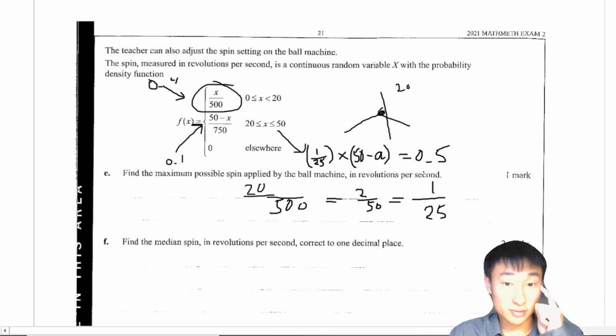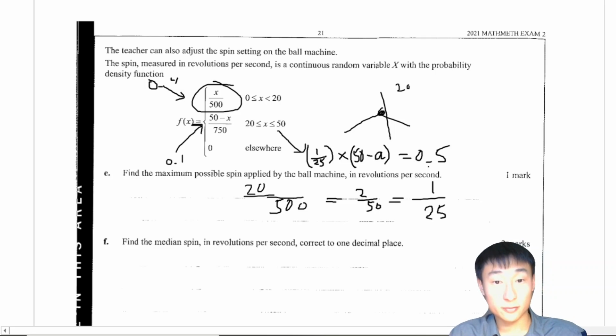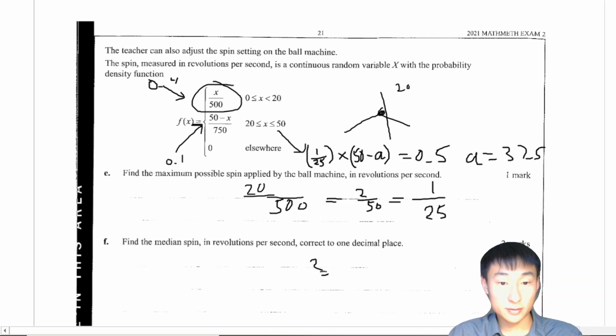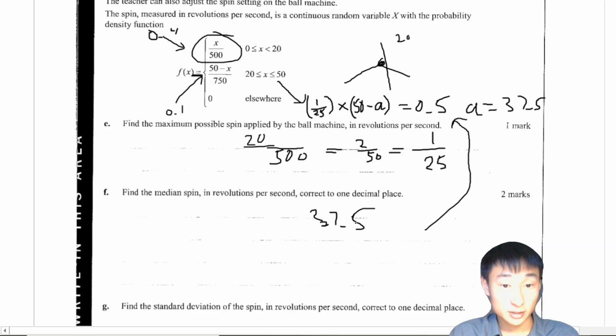And then 25 times 0.5 is 12.5, so a is equal to 37.5. So hopefully I just point it up to there, and then they'll see my working. I think that's it. I did that in my head, so I'm not sure it's entirely correct. But 37.5, so 12.5.